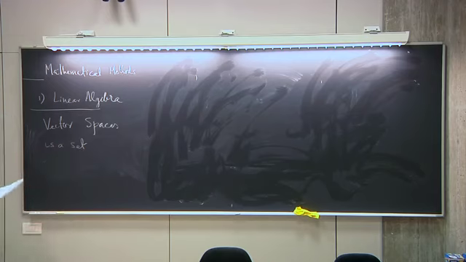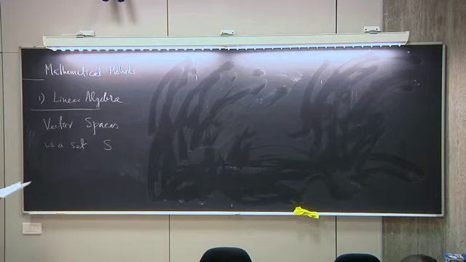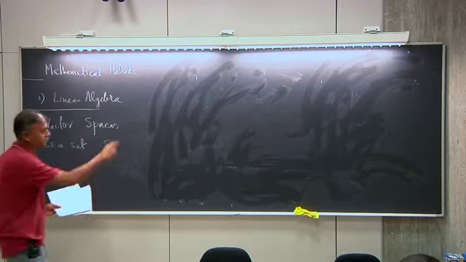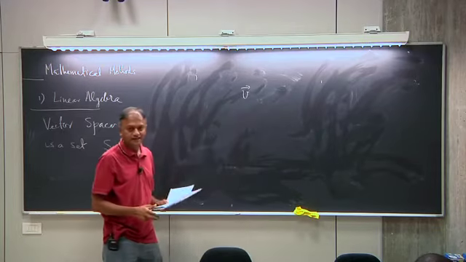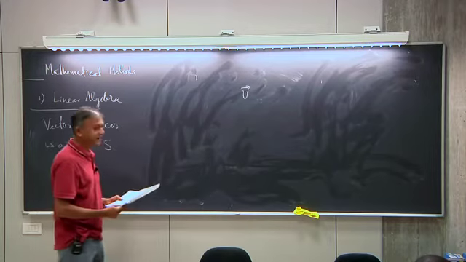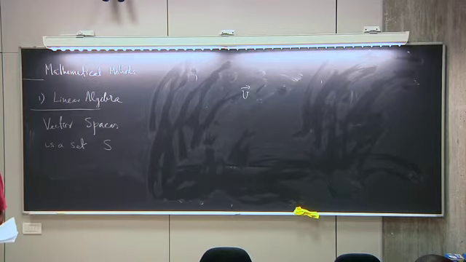I will try to use the same notation that is used in the notes so that it will be easier. I will call this set S, the set S of elements. And instead of using the notation with an arrow, I will use the Bra and Ket notation, which is used in quantum mechanics.